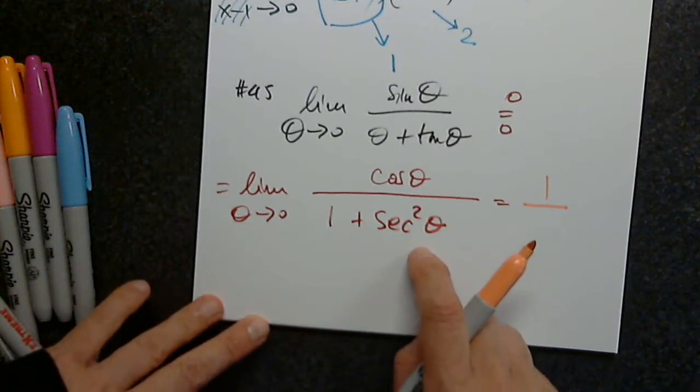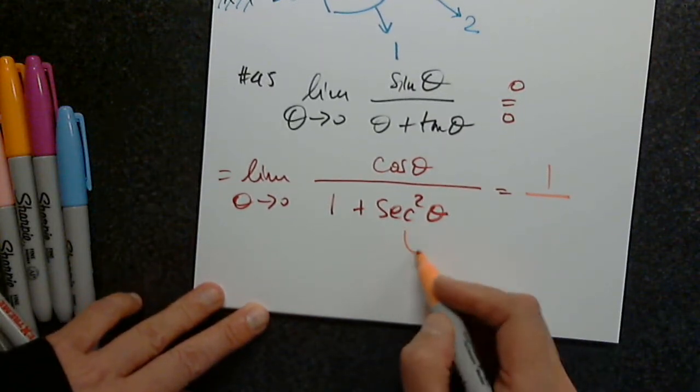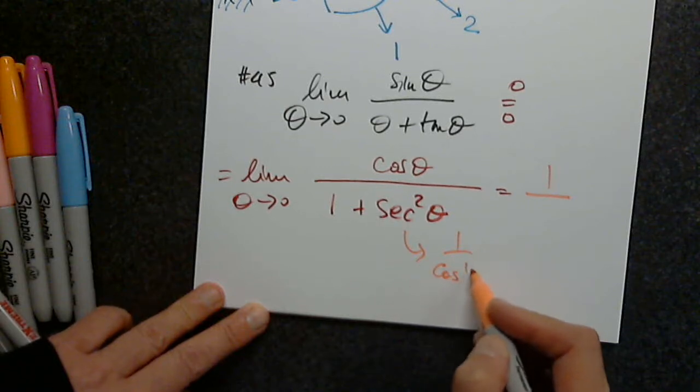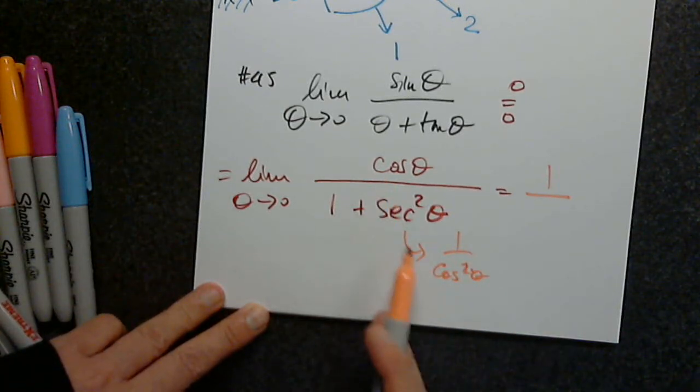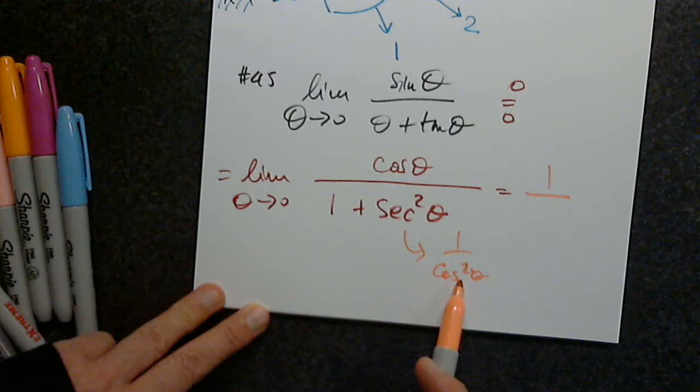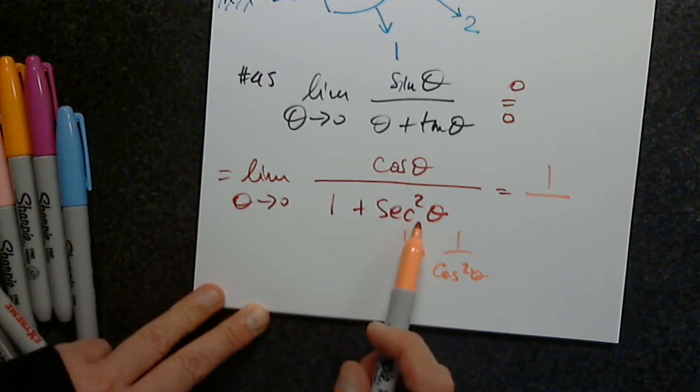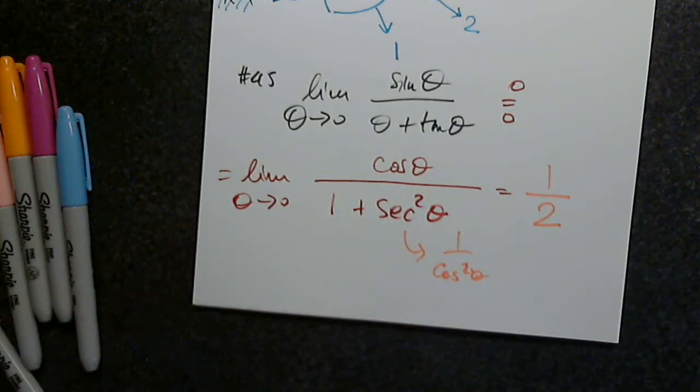Remember, secant squared is 1 over cosine squared. So this is 1 over cosine squared. If this one goes to 1, this one goes to 1, and 1 over 1 is 1, and then 1 plus 1 is 2. And this was very convenient in this case. Applying L'Hopital's rule was very, very convenient. Any questions?